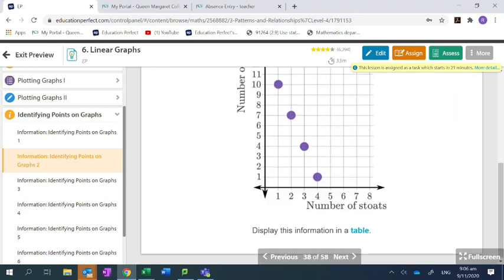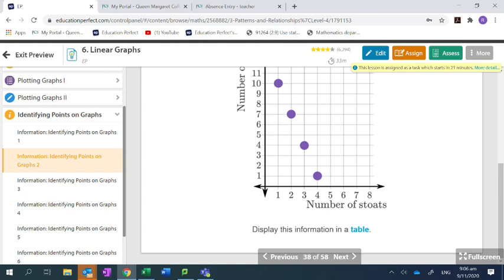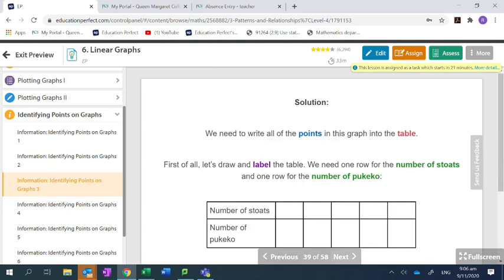Does the y-axis always go on the bottom? Yes, it's always the second numbers, right? So it always has to be the bottom one. Okay. Now you could also make that chart going up and down if you'd like, and I often do. You often see these tables going up or down like this. So that could be stoats, and that could be pukeko, and so it's 0, 13.